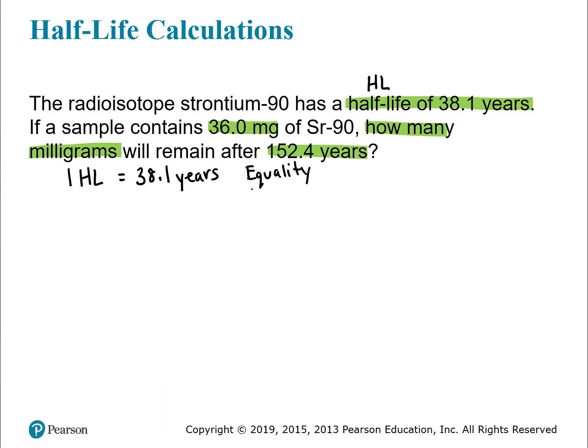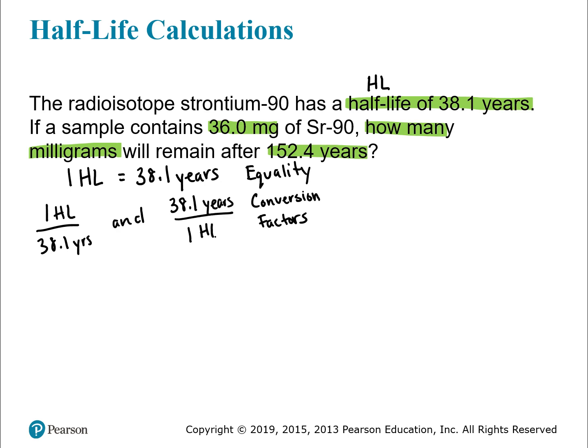If we have an equality, we can write conversion factors. One half-life over 38.1 years. And 38.1 years over 1 half-life.